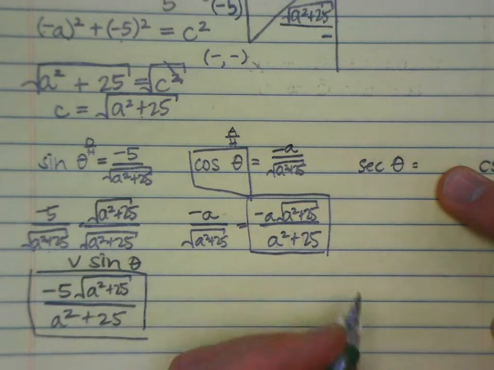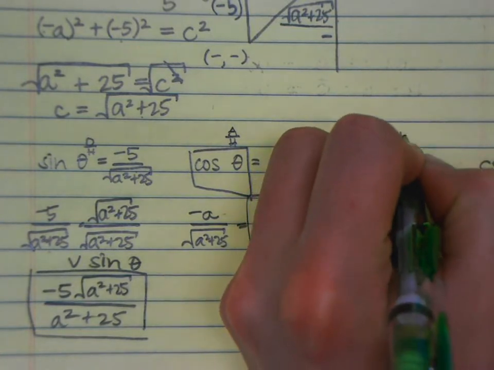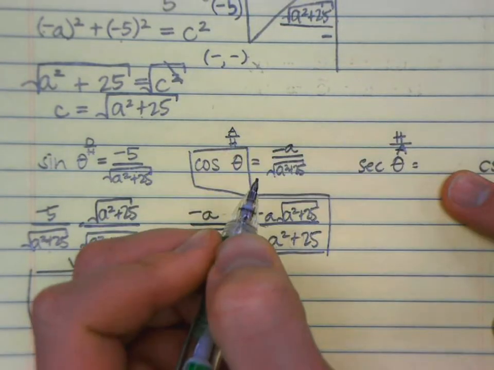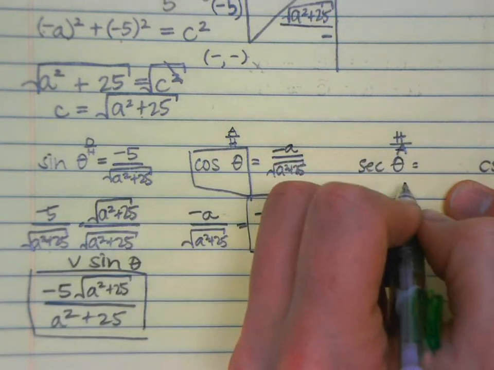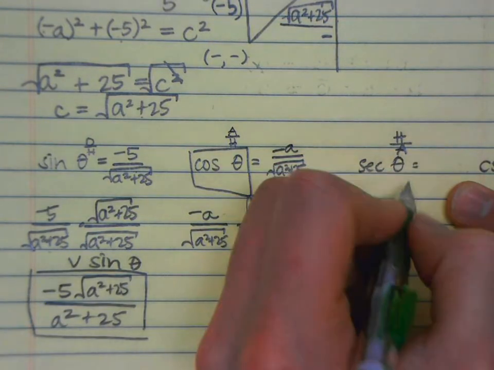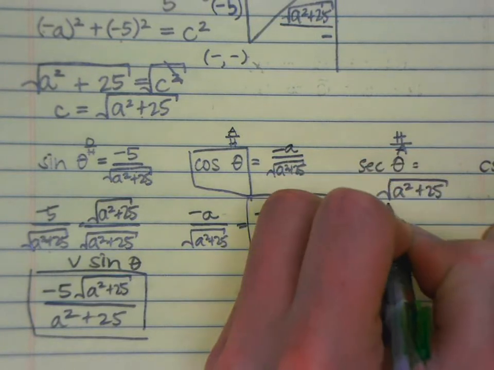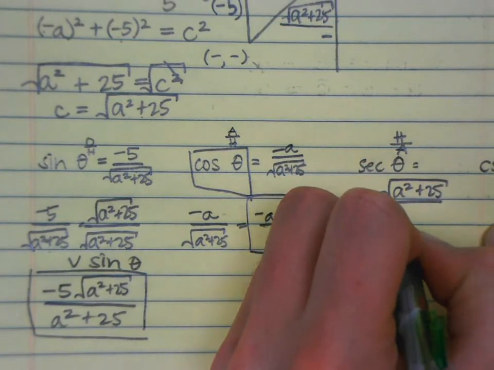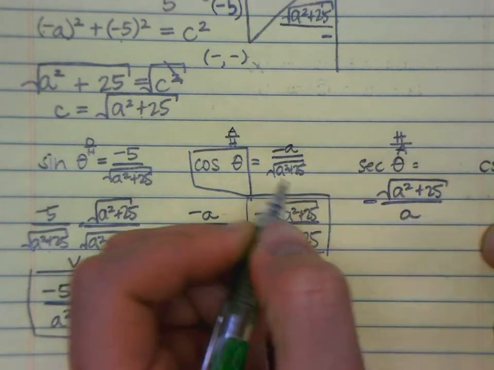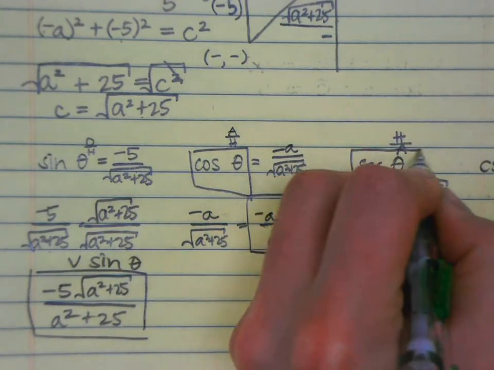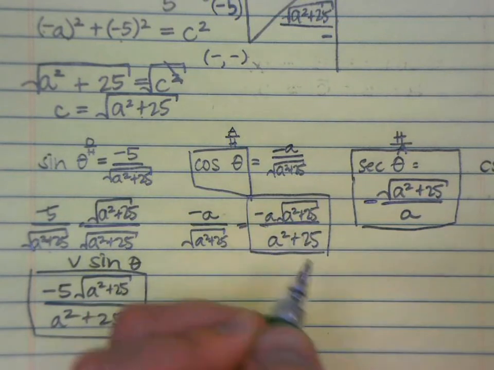Okay, secant is going to be hypotenuse over adjacent, and that's going to be a lot easier because now my hypotenuse is going to be in the numerator, so it'll be radical a squared plus 25 divided by negative a. I'm going to move the negative out to the front of the fraction. That is my final answer.